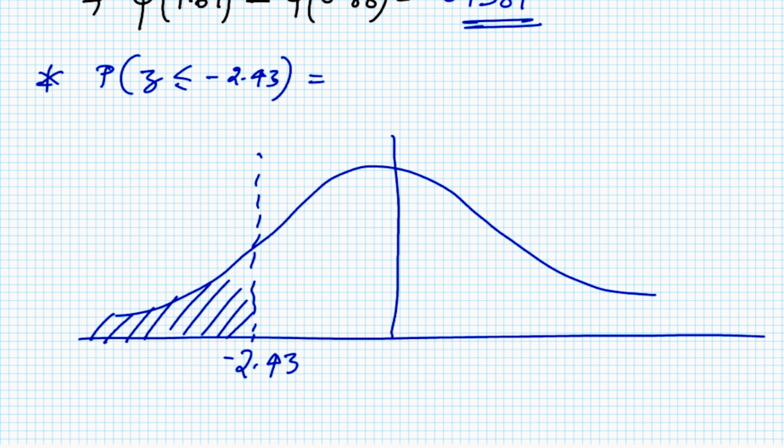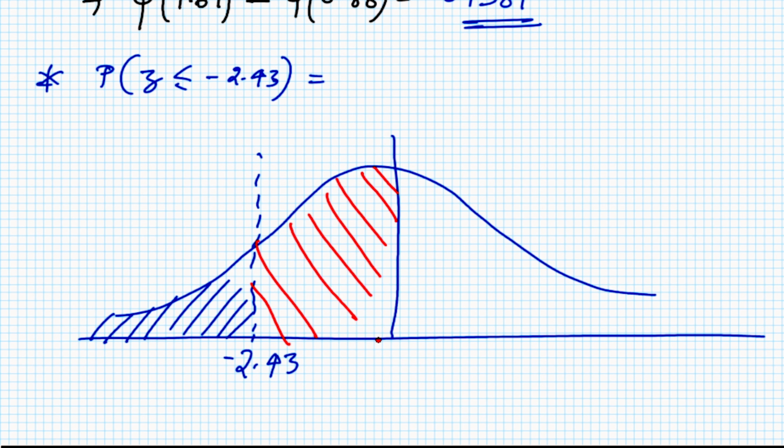That itself is a probability. But there is no way you can find that directly from the table, because the table gives 0 to that number. From the table, what I can calculate is the red colored one, phi of 2.43 gives me 0 to that number. But I want the other side. This total is 0.5. From 0.5, subtract the red colored region which you obtain from the table, you get the remaining part.